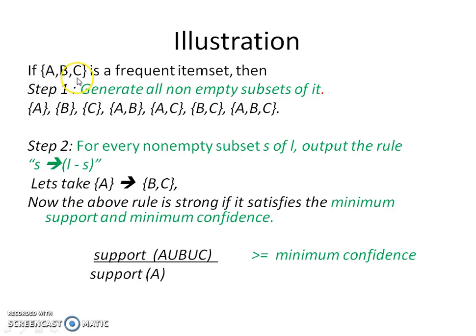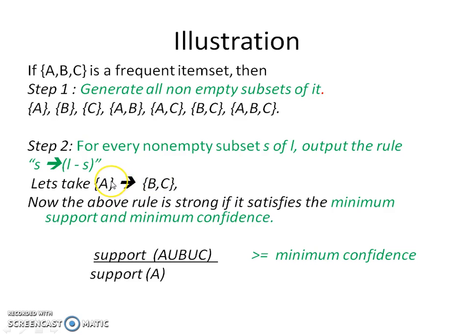L is A, B, C. So we have to find the number of transactions containing items A, B and C together, divided by the number of transactions containing A. If this value is greater than or equal to the minimum confidence, then you can say this rule A implies B, C is strong. Else you cannot say this rule is strong.